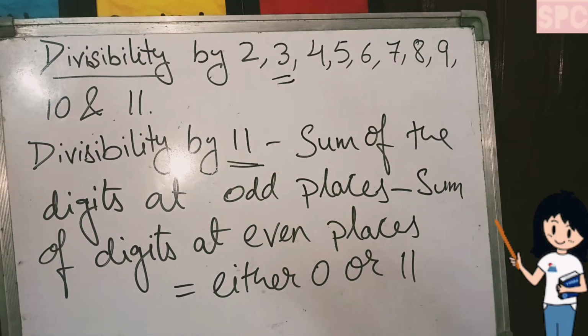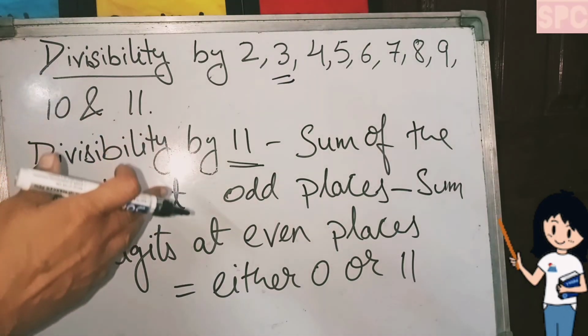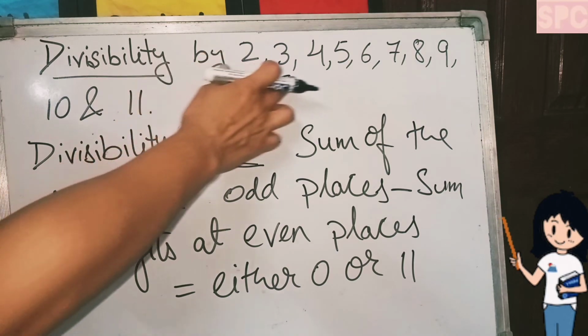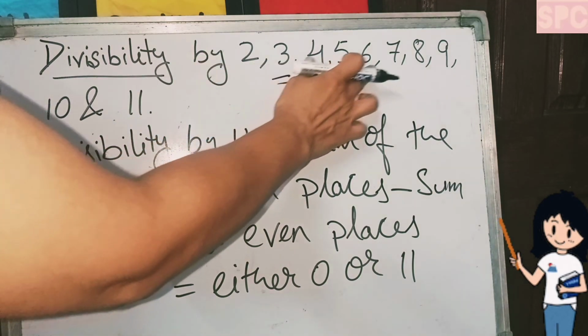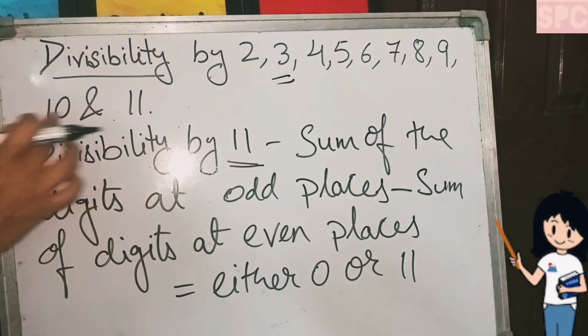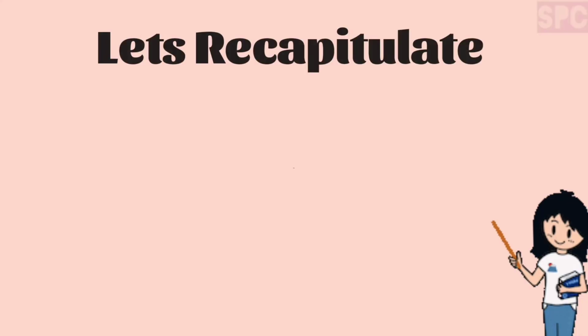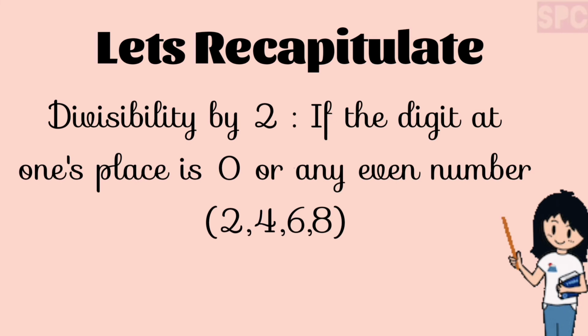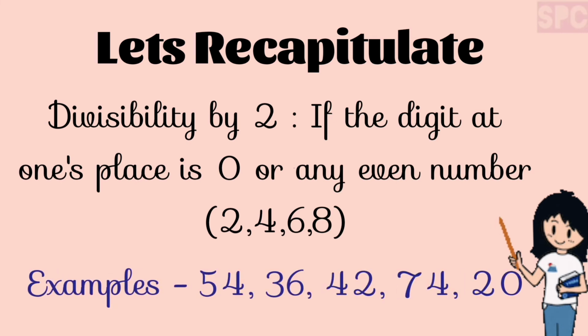So in this way, today we understood the divisibility rules for 2, 3, 4, 5, 6, 7, 8, 9, 10 and 11. Let's recapitulate again. To check any number to be divisible by 2, you just have to see the digit at one's place. If the digit at one's place is 0 or an even number, then that number will be divisible by 2.